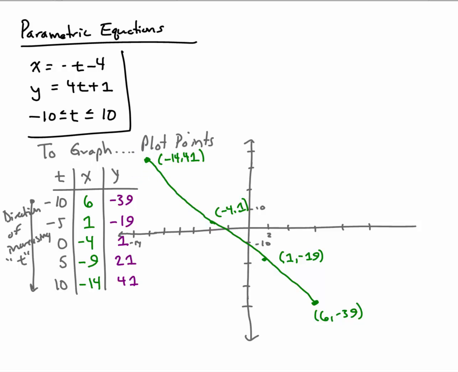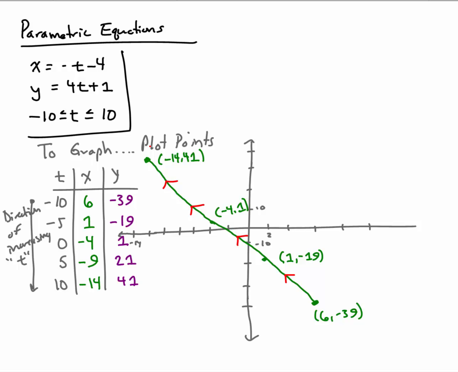So if we look at this, I'd start over here at negative 10 for t, which produced the point 6, negative 39, so that would put me here. So I moved from 6, negative 39 to 1, negative 19, so I moved up from here to here. So this is the direction of increasing t.